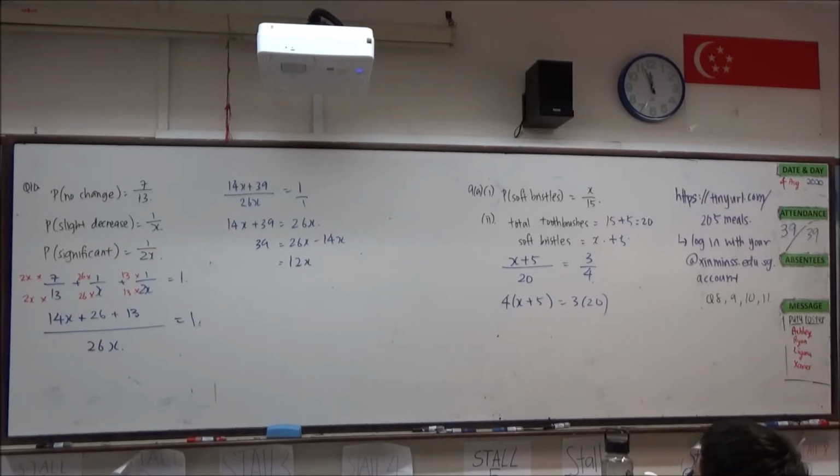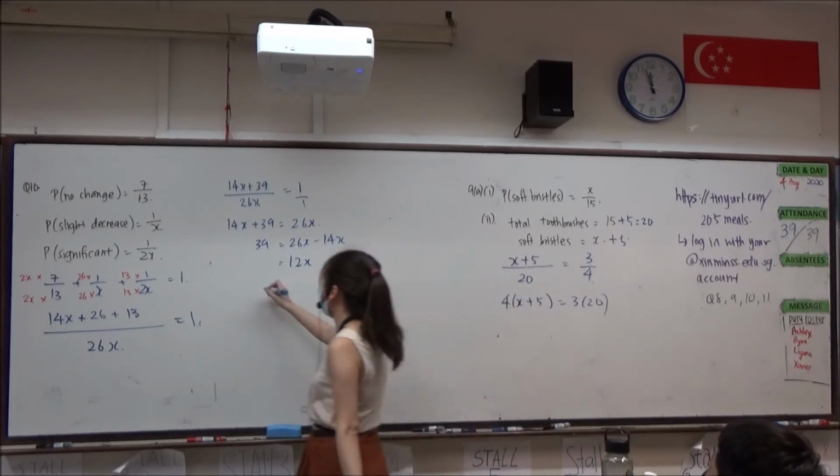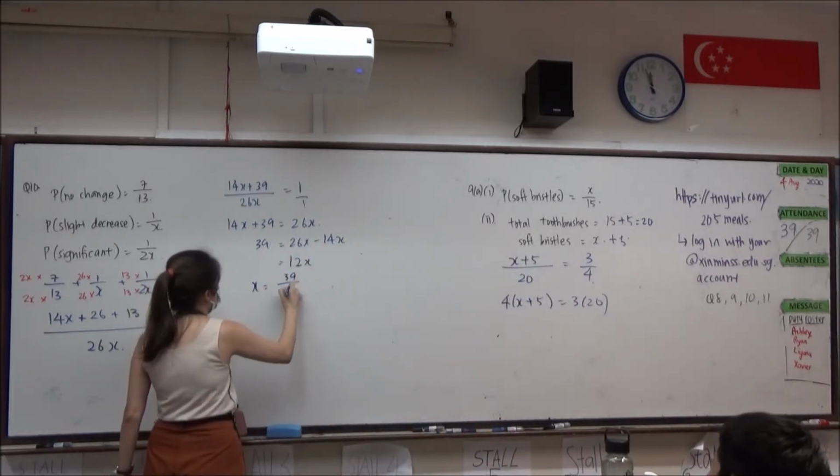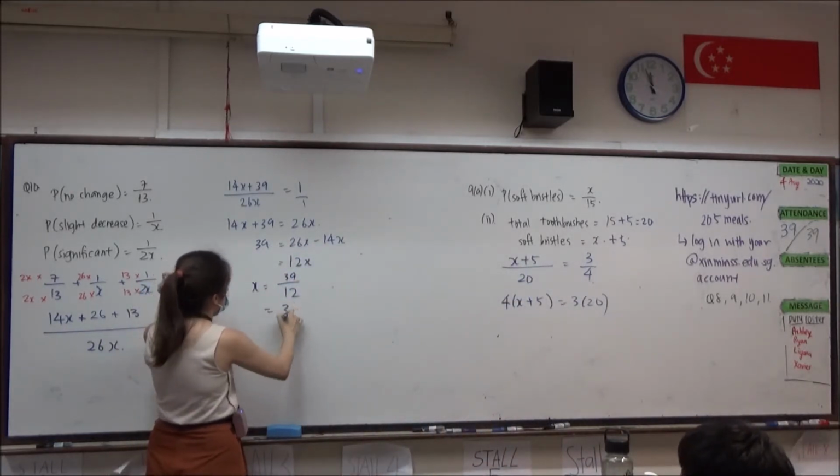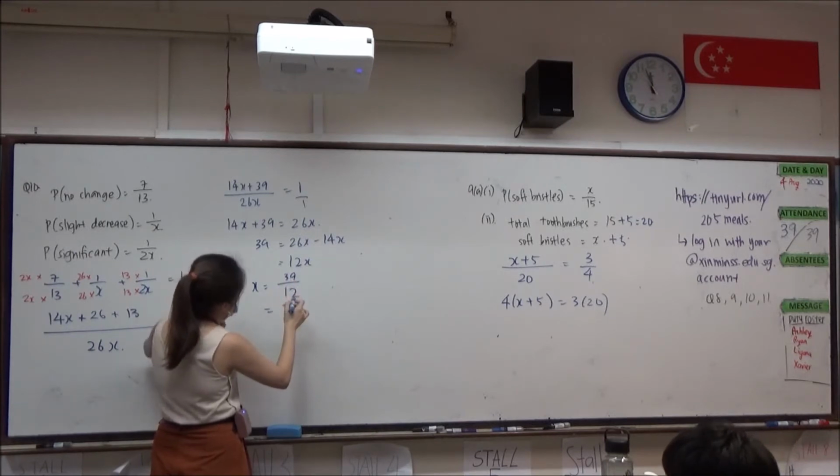Question 10. X equals 39 divided by 12, so 3 and 3 over 12, which is 3 and 1 quarter.